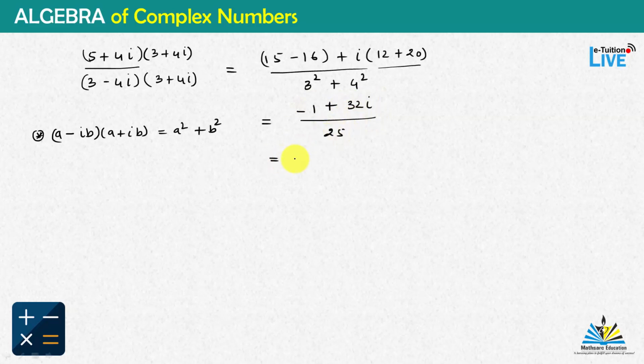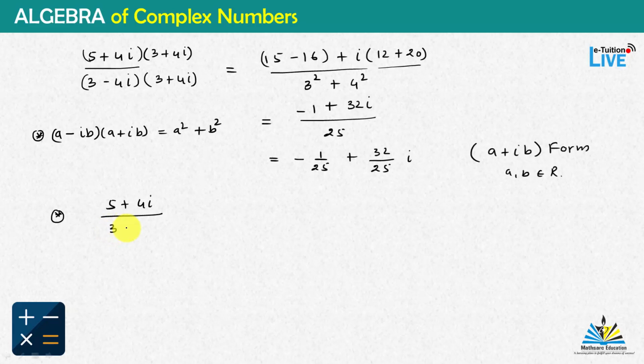So we can write it as minus 1 upon 25 plus 32 upon 25 i, and this is of the form a plus ib in which a, b belong to real. We call this the a plus ib form. So if we divide 5 plus 4i by the complex number 3 minus 4i, we will get minus 1 upon 25 plus 32 by 25 i.